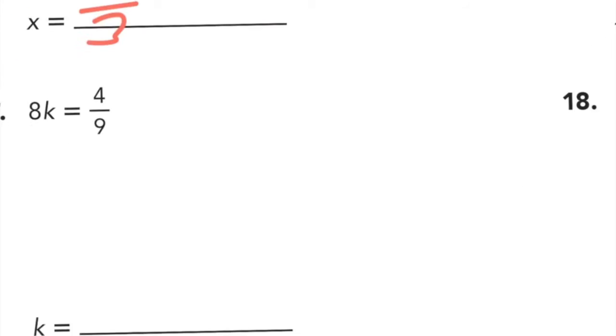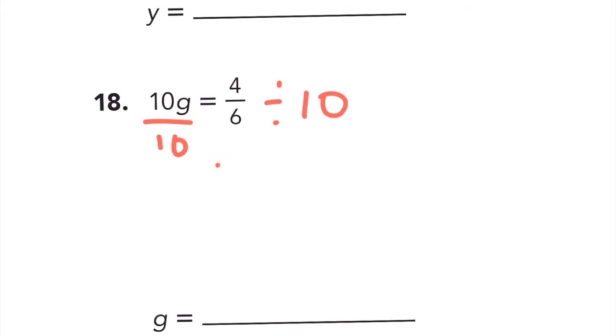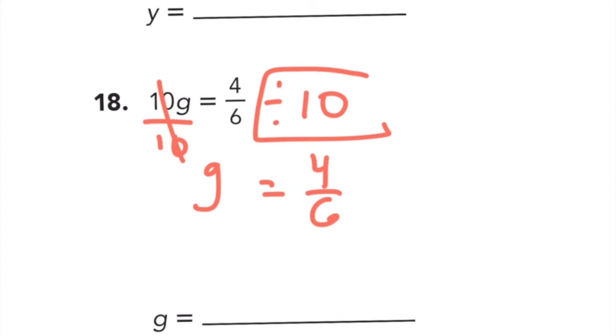Let's try this one here. So we have 10g, so to get rid of 10, you want to divide by 10. And here you want to write a couple steps. So g will equal 4/6 divided by 10. Now we can't divide, so what we're going to do is multiply. You're going to take 10 over 1 and do the reciprocal, which is 1/10.